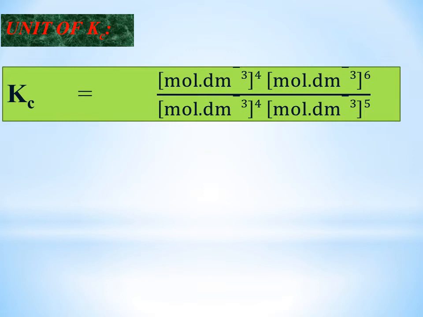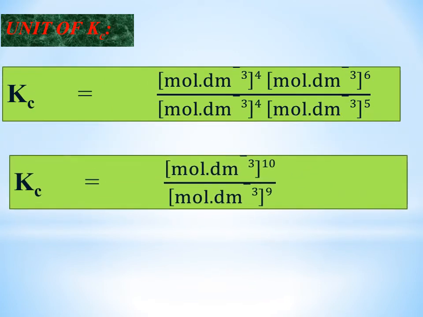Mole per decimeter cube raised to 6, as this 6 shows the 6 moles of water. Then in the subscript mole per decimeter cube raised to 4, this 4 shows the moles of ammonia, and mole per decimeter cube raised to 5.